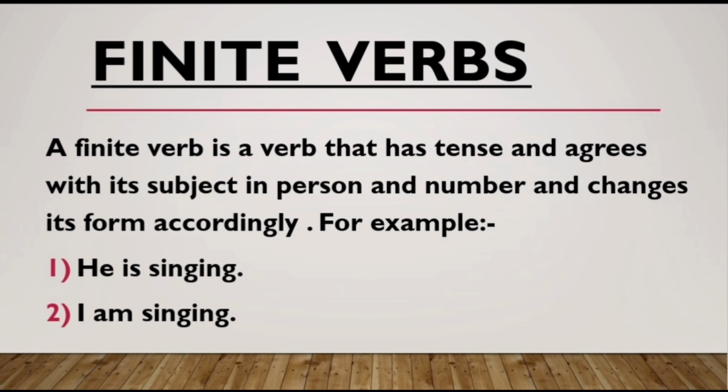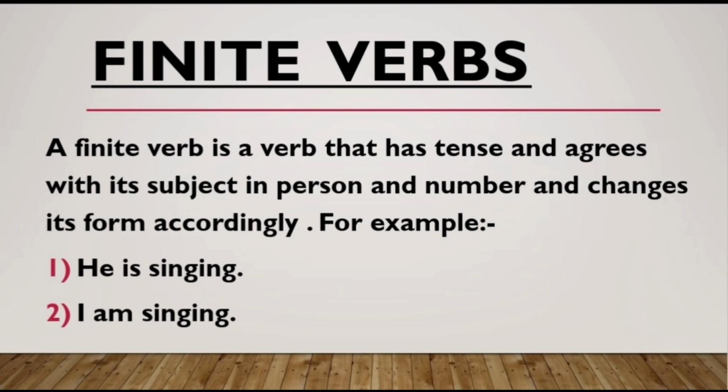Students, before moving on to explain simple sentences, you need to understand finite verbs, especially in case you don't know what finite verbs are. A finite verb is a verb that has tense and agrees with its subject in person and number and changes its form accordingly.